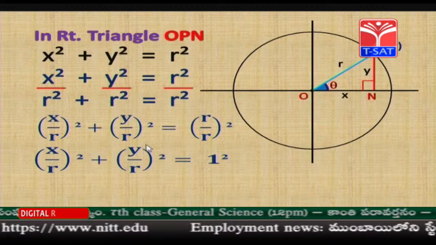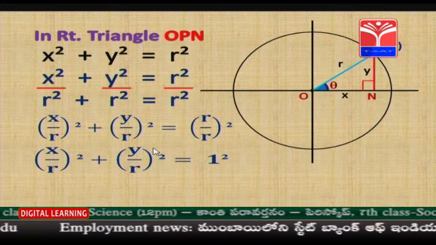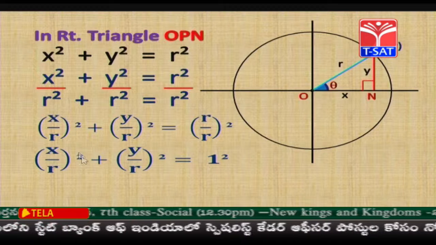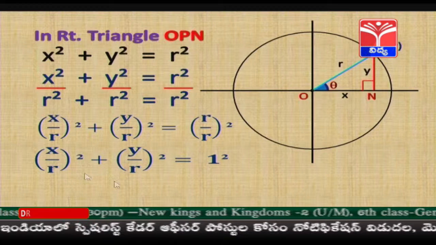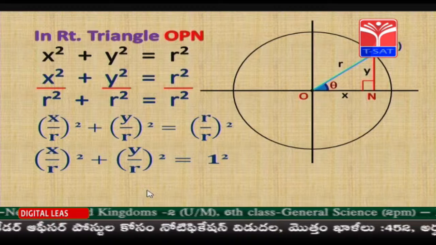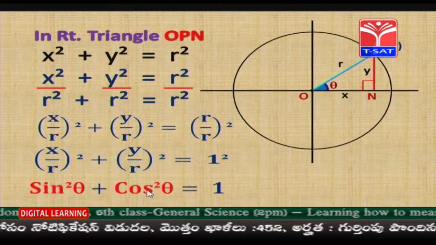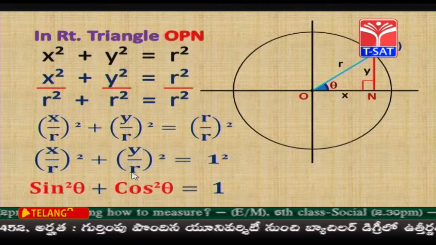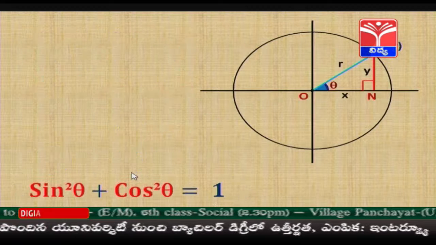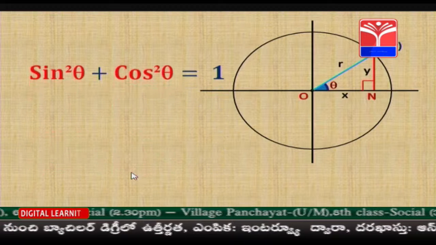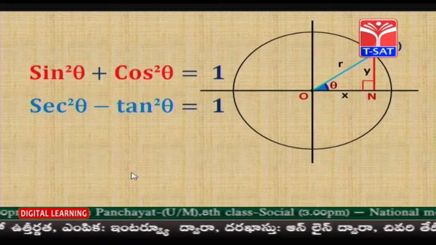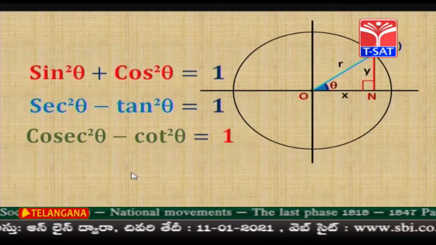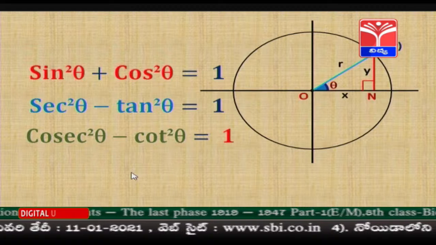We have seen that y by r is sin, that means sin square theta, and x by r is cos theta. So, we can say sin square theta plus cos square theta is equal to 1. Not only this, we have other things like sec square theta minus tan square theta is also equal to 1, and cosec square theta minus cot square theta is also equal to 1.